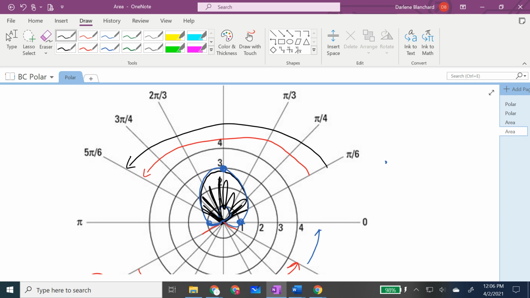It's highly unlikely that you will graph on the AP exam. That is unpleasant grading. It's very rare that they ask you to do any sort of graphing on the AP test, but they do sometimes.